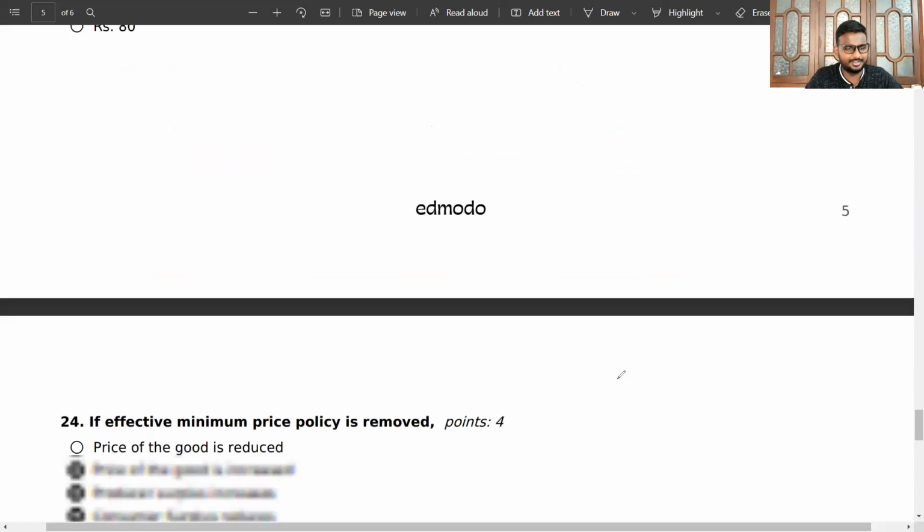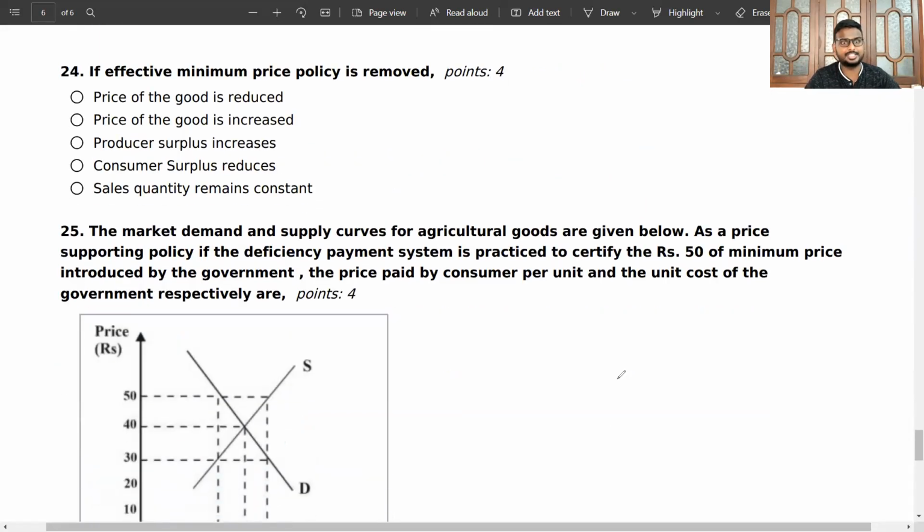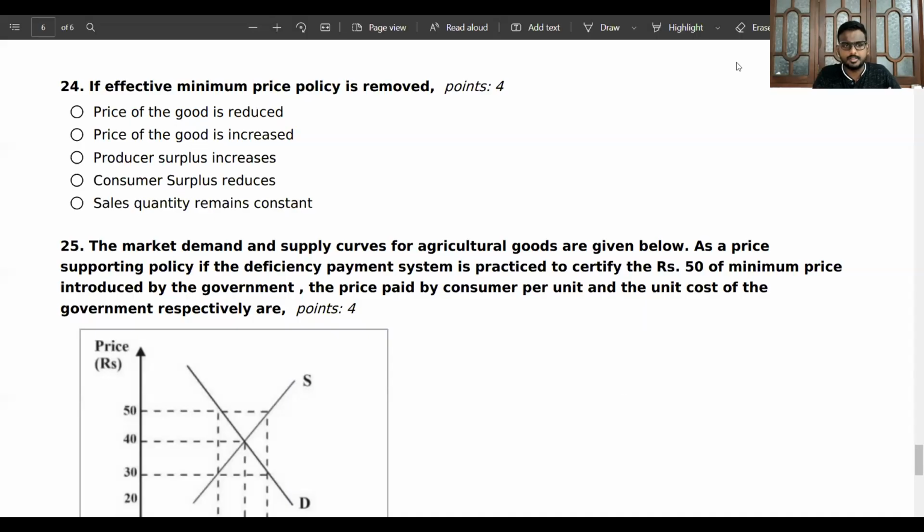So 24th question, effective minimum price. Nice. If the effective minimum price policy is removed, first of all, you need to know what is minimum price, right?